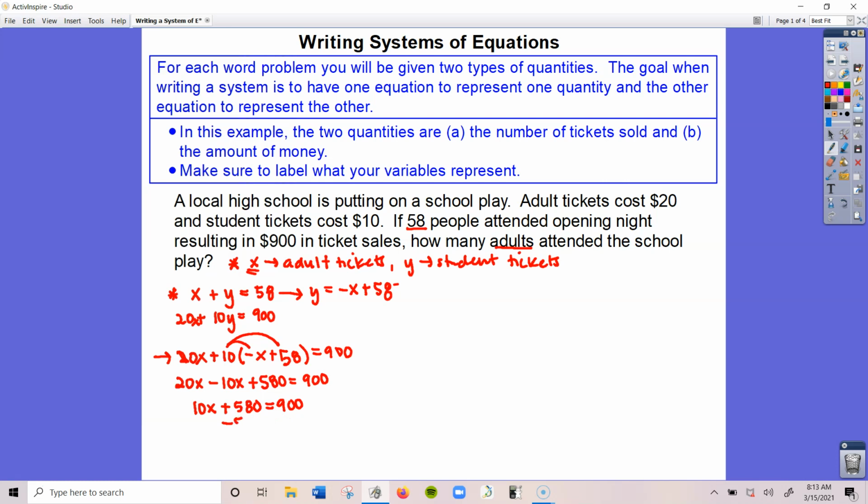We could now subtract the 580, and that would give me that 10x is equal to 320, and then divide by 10. So we get that x is equal to 32.